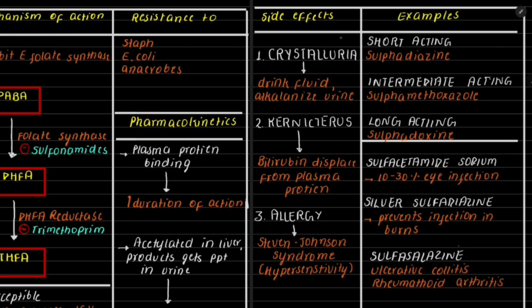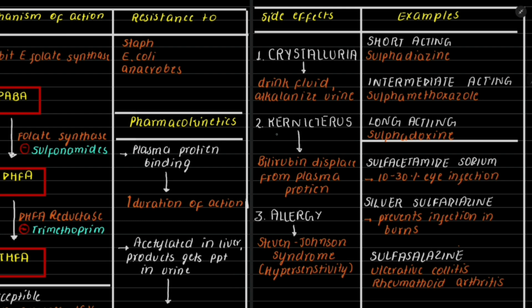The first being crystalluria. As we just saw, the products of sulfonamides get precipitated in urine, which leads to crystalluria. To counter this side effect, we should advise the patient to drink more fluids, and we should alkalinize the urine of the patient, as sulfonamides will get ionized and they will be excreted easily.